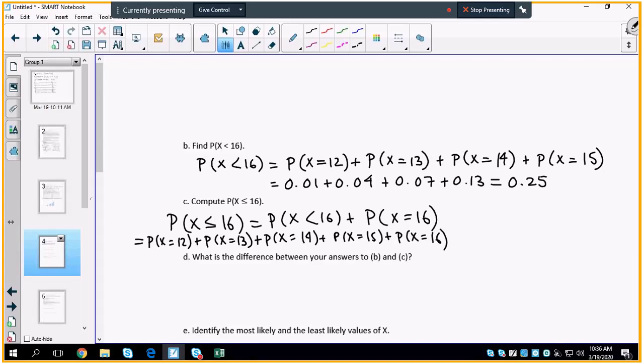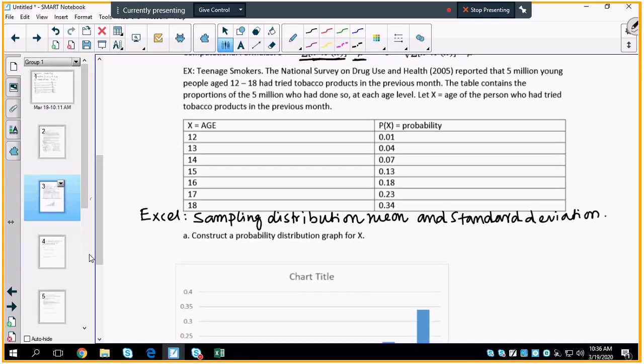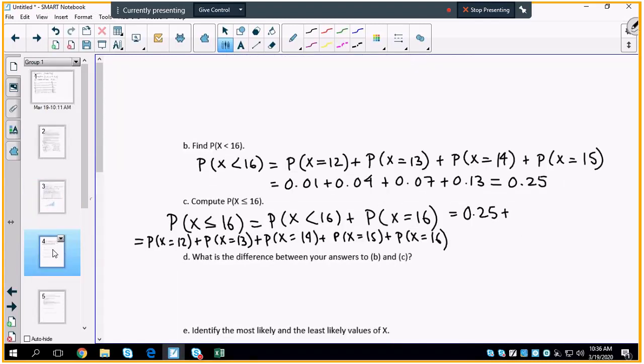Either way. Eventually, if I compute the probability, I already have the first four, so 0.25. I'm just going to add the probability of x equal to 16 to that. And I know that probability is 0.18. So this is 0.18 and this is going to be 0.43.